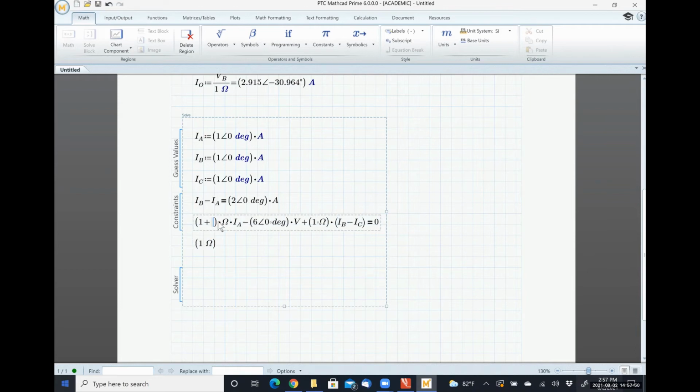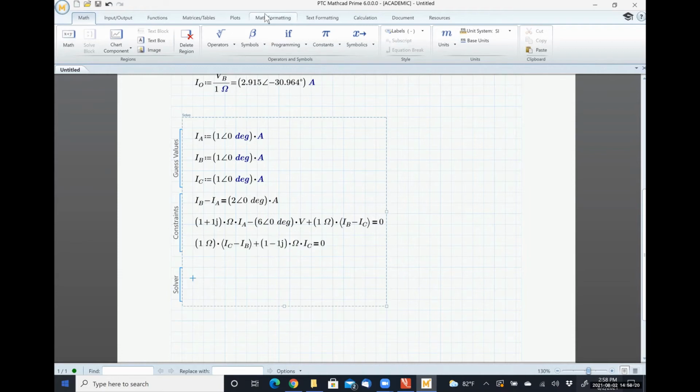Because Mathcad will freak out, this should be 1 plus 1j. My apologies. 1 ohm times (IC minus IB) plus (1 minus 1j) ohms times IC is equal to 0.